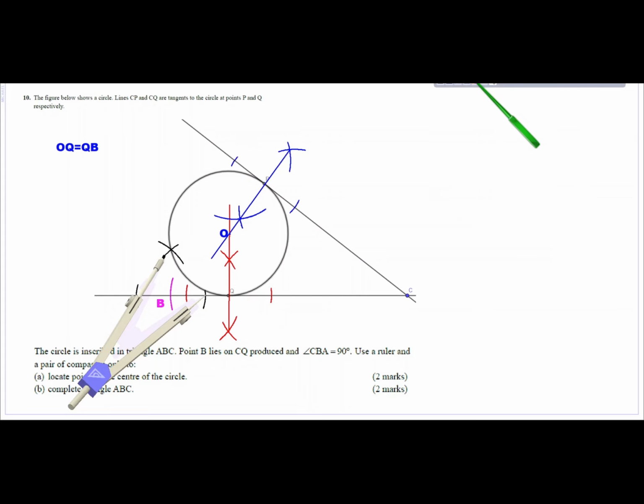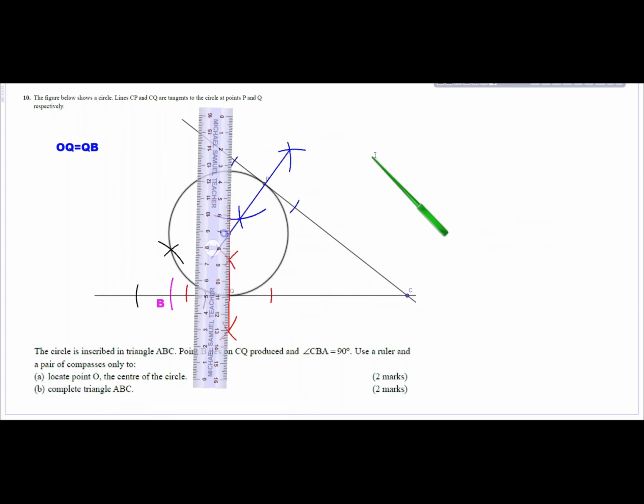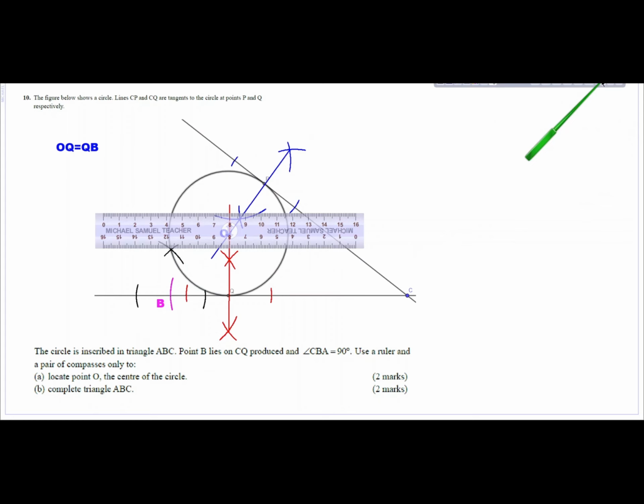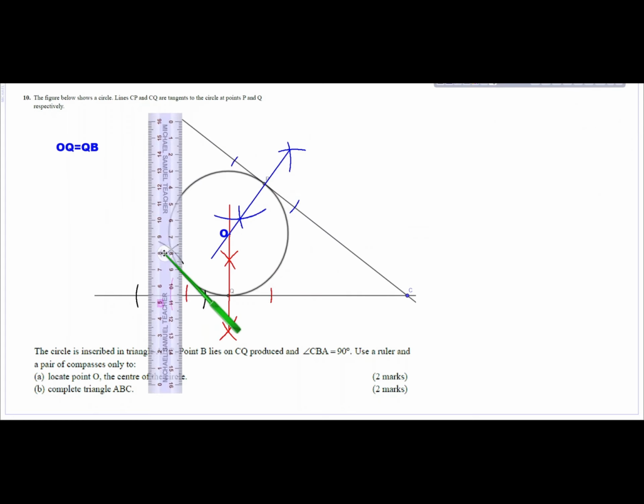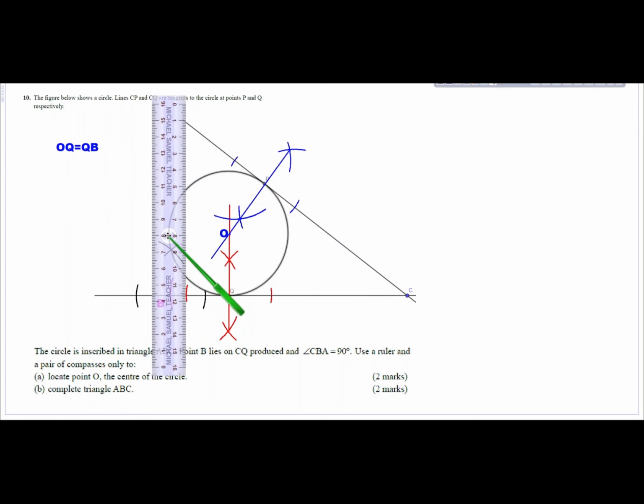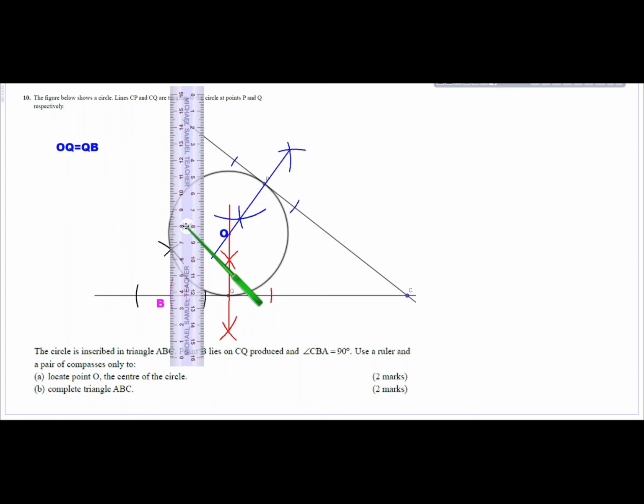Therefore, we are going to draw a line. So at that point, draw a line there. Fine.